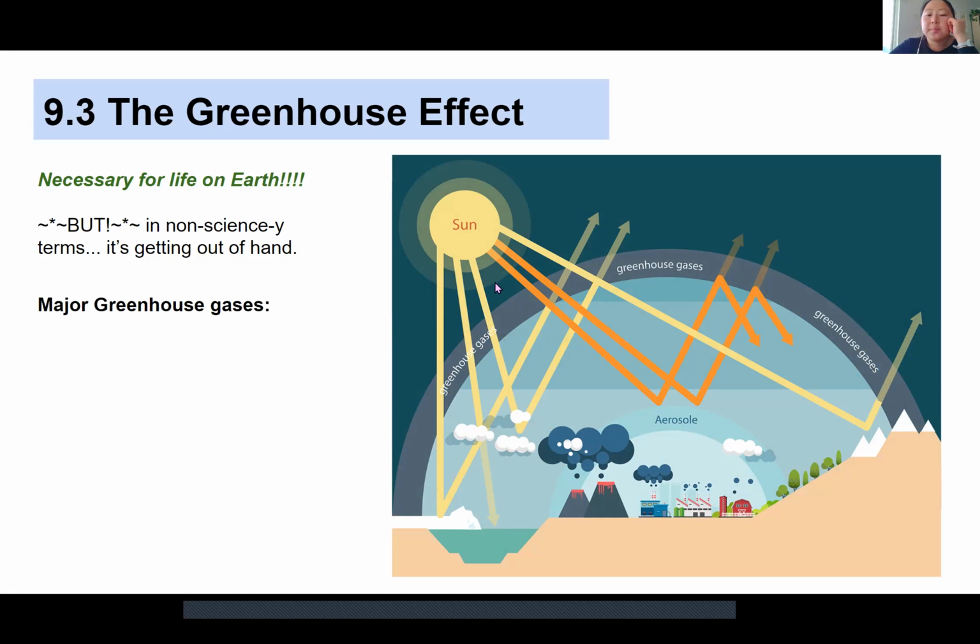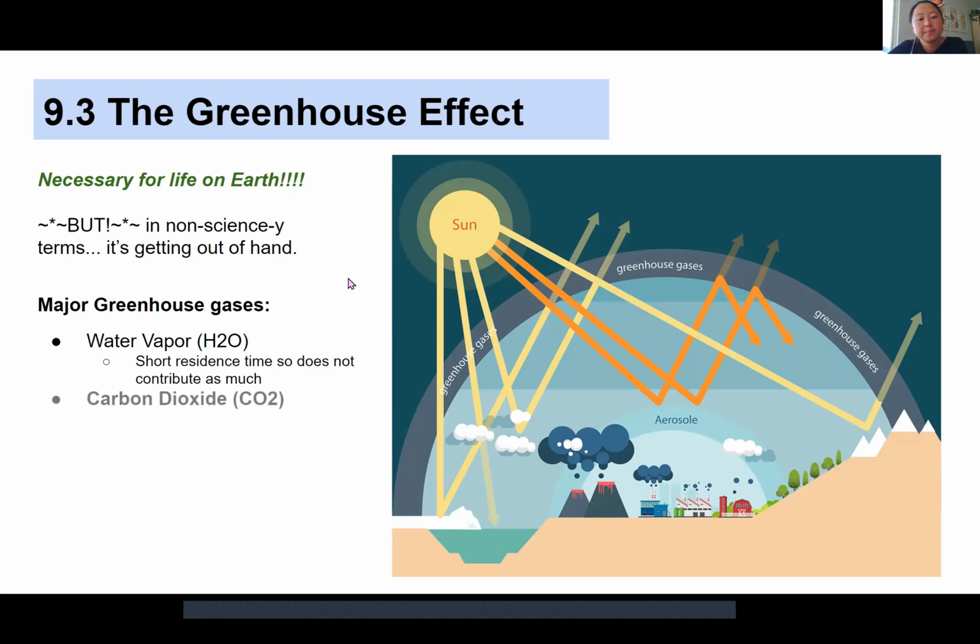The major greenhouse gases that help trap the heat and reflect light back in are water vapor. Water vapor is less intense of a greenhouse gas because it has such a short residency time. They evaporate and then it's rained down again. It's pretty short. Carbon dioxide is a big one. We all know CO2.